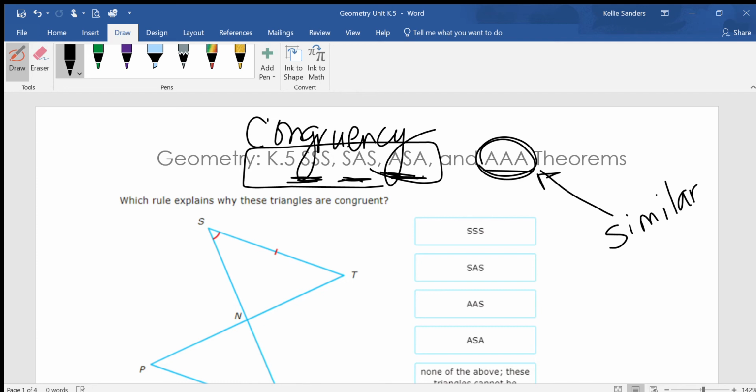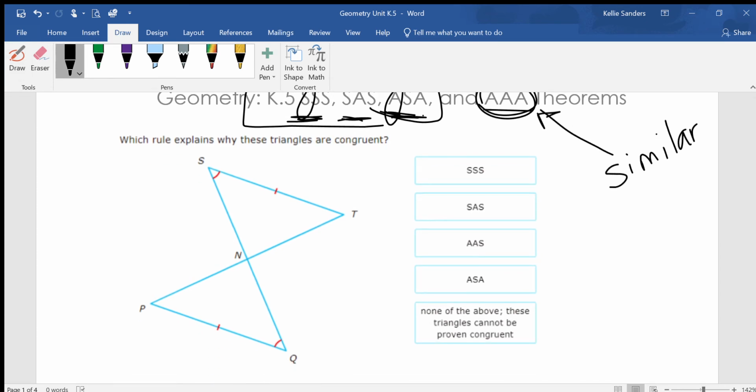So on this, which rule explains why these triangles are congruent? So we have these two angles and this side. So we have a side, we have an angle. What else could we have?